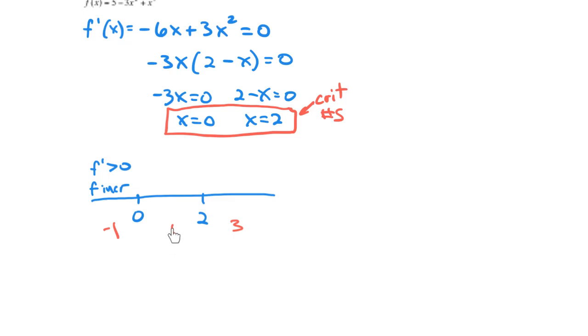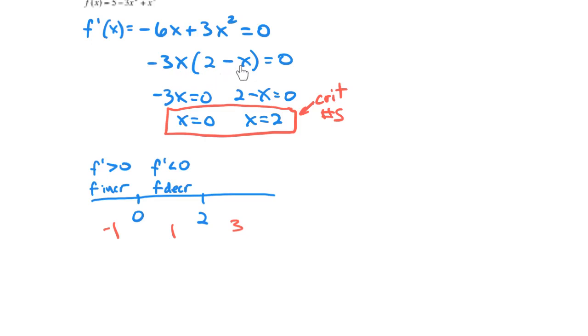So then I take 1, plug 1 here. That's going to be a negative. Plug 1 here. That's a positive. Negative times positive is negative. So I know on this interval, the derivative is negative. If the derivative of the function is negative, that means the function is decreasing. Then finally, we plug in the 3 here, and I get a negative number.